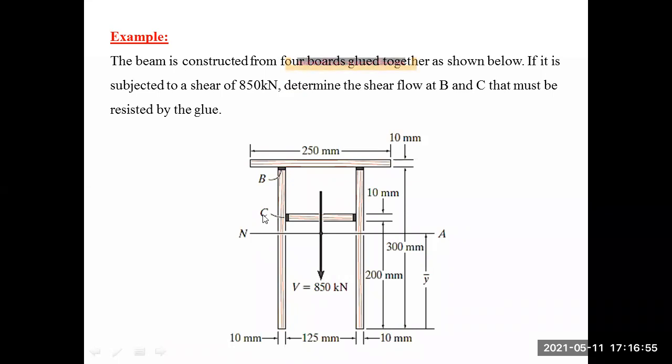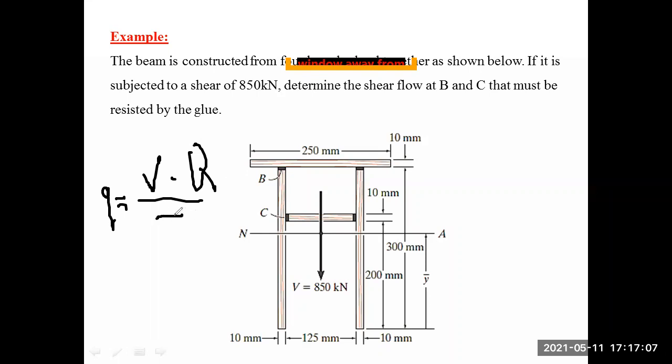If you still remember, the formula for shear flow is q equals V times Q over moment of inertia. Because of this moment of inertia, we need to know the location of the neutral axis, that means the centroid for the composite shape, and we need to calculate the moment of inertia.